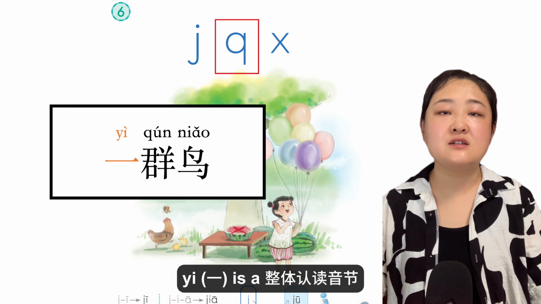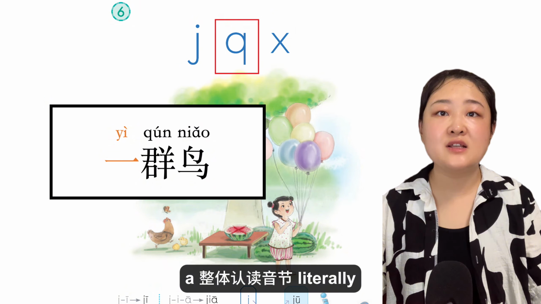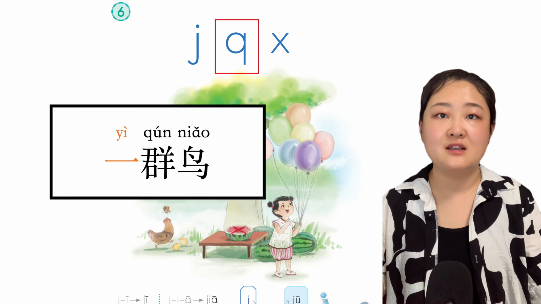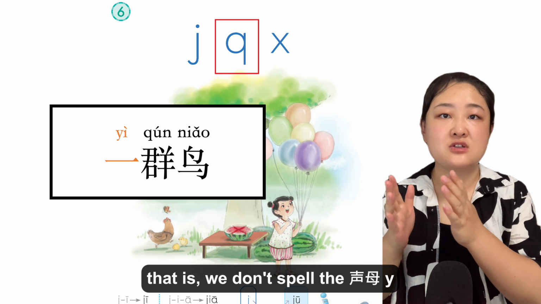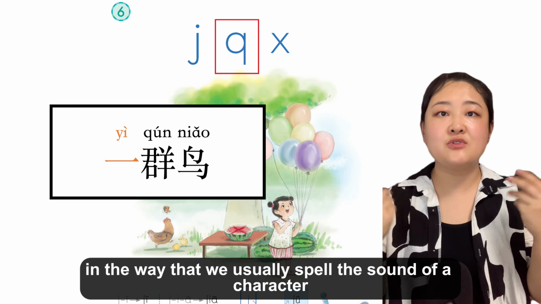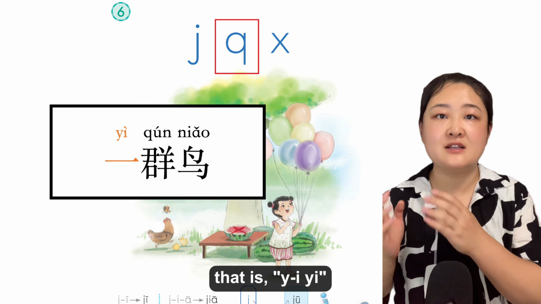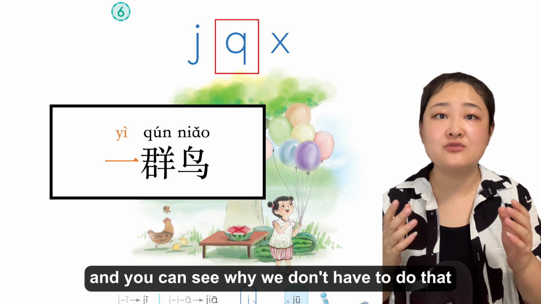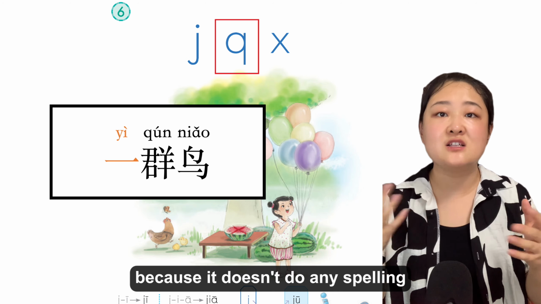一 is a 整体认读音节. A 整体认读音节 literally is a syllable that is recognized and read as one. That is, we don't spell the 声母 一 and the 韵母 一 in the way that we usually spell the sound of a character. And you can see why we don't have to do that, because it doesn't do any spelling.